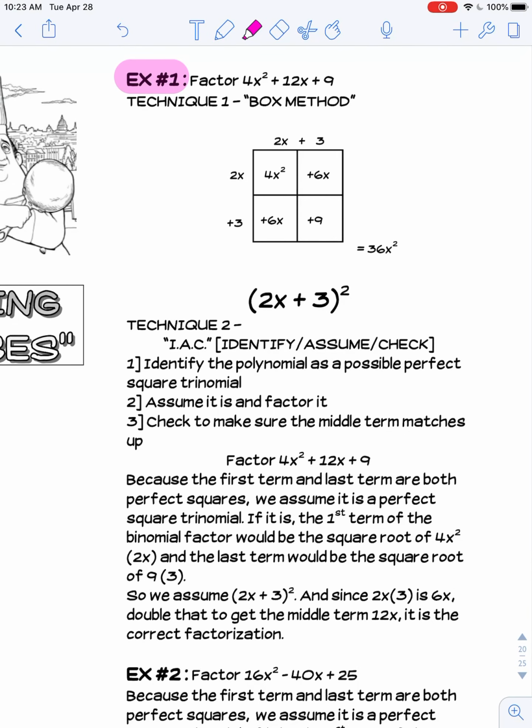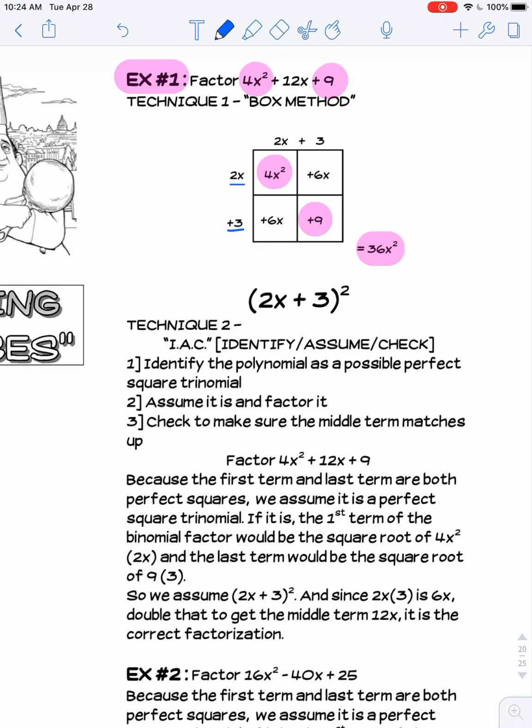Okay. So technique number 1 is just to use the box method. 4x squared goes in the upper left. 9 goes in the bottom right. They multiply to equal 36x squared. And then from here, you find the greatest common factor between 4x squared and 6x, which is 2x.